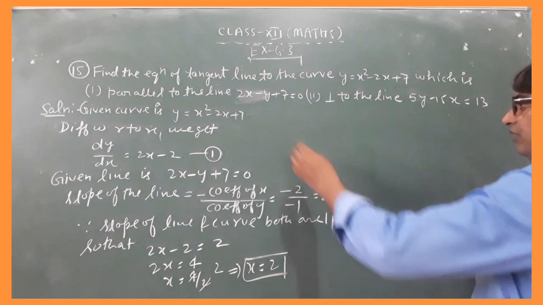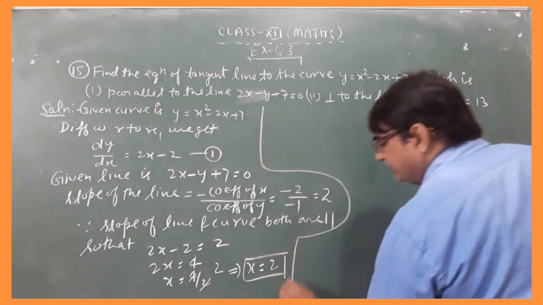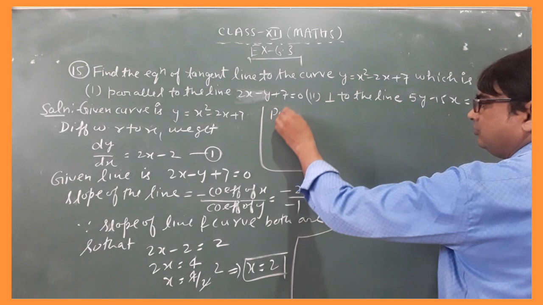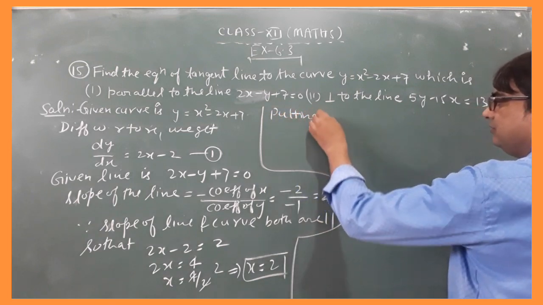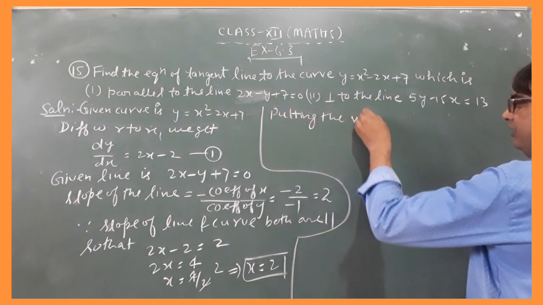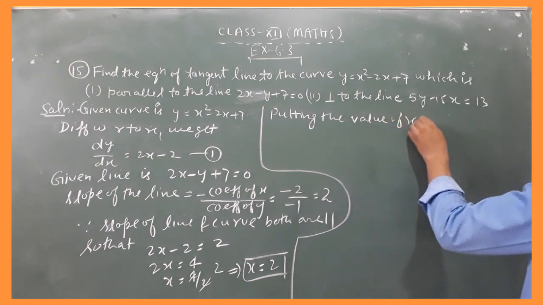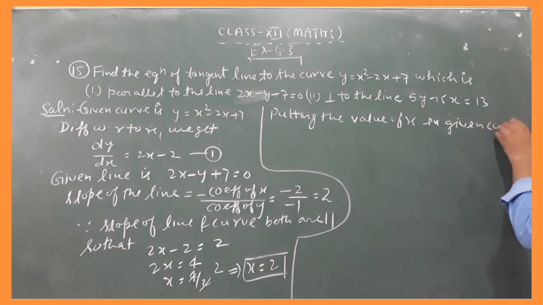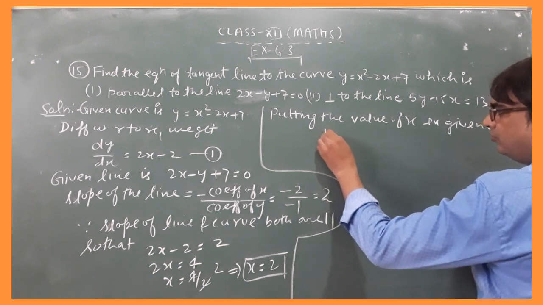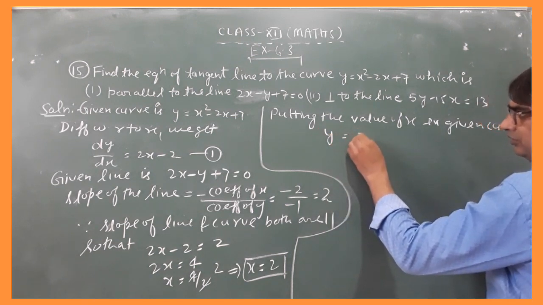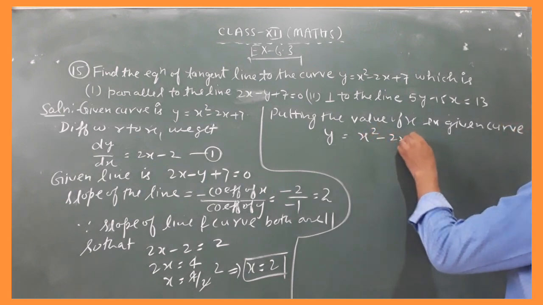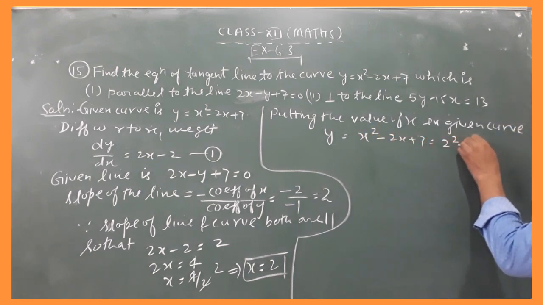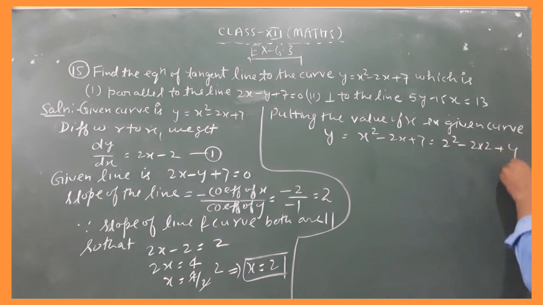So putting the value of x in the given curve, what do we get? y is equal to x square minus 2x plus 7, is equal to 2 square minus 2 into 2 plus 7.